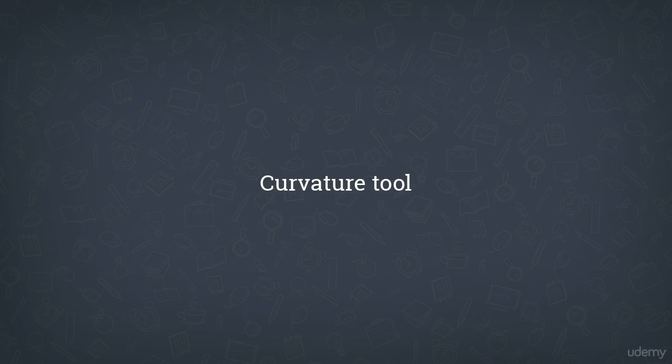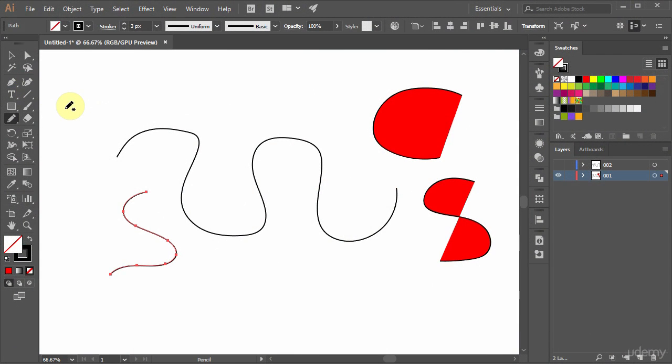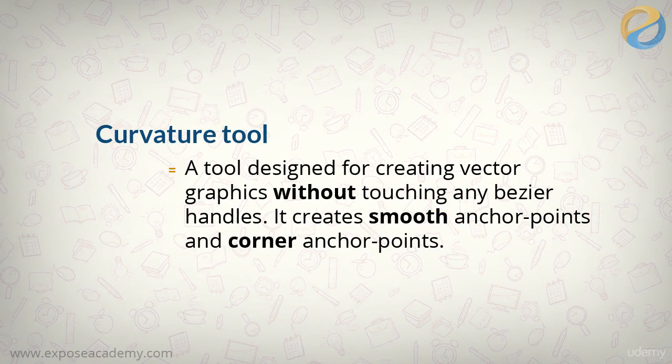The next custom shape tool is the curvature tool. If you are using Adobe Illustrator version older than Adobe Illustrator CC, you might not find this tool in here. Okay, so basically the curvature tool is used to create curves without touching any handles. Just as we discussed before, the anchor points in the curvature tool are all smooth point type.